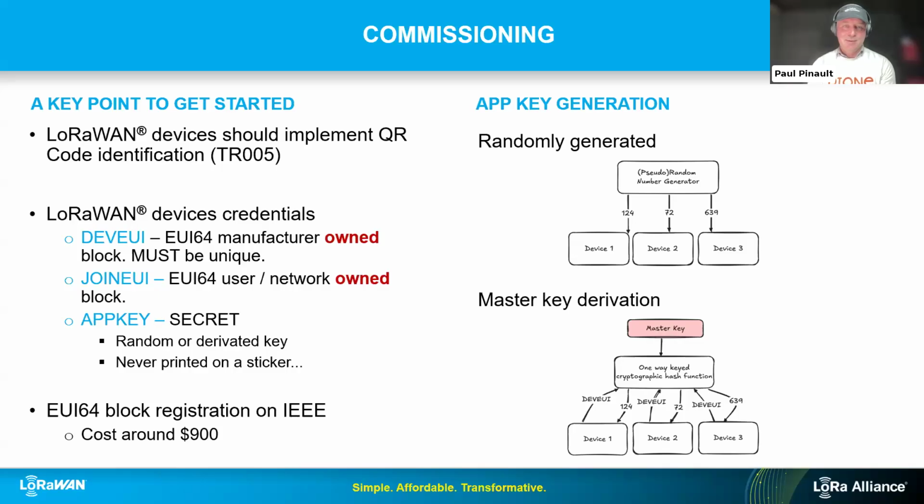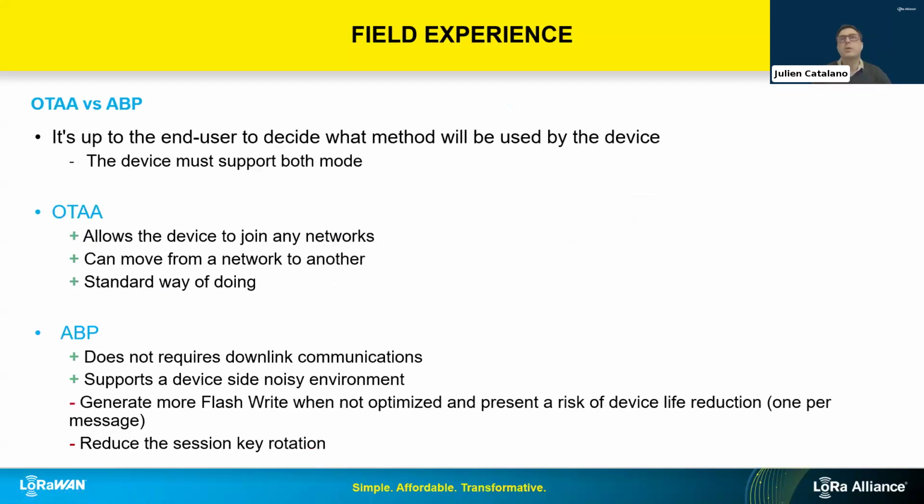It's quite easy basically to get it. Maybe you have to provide some IDs, but it's quite easy. Yeah, and it's very important to use your own blocks, as you said, because otherwise it's a big mess in the join process.